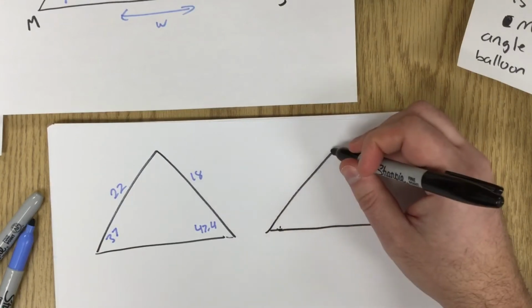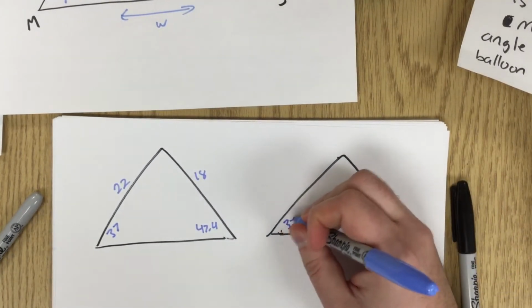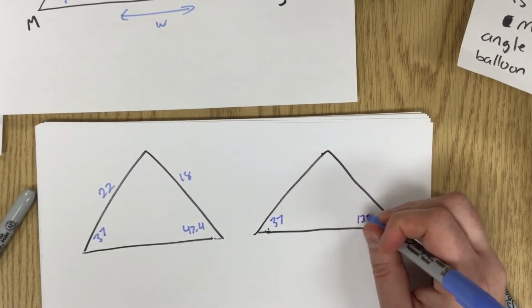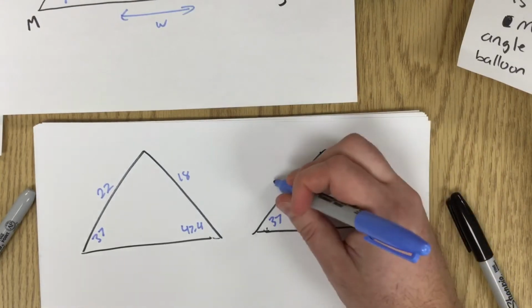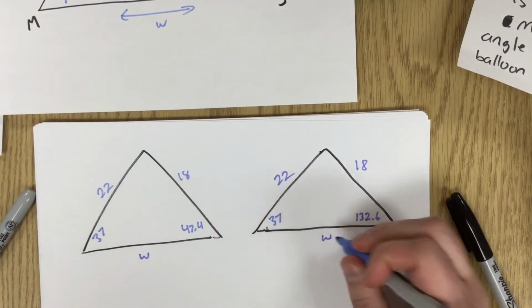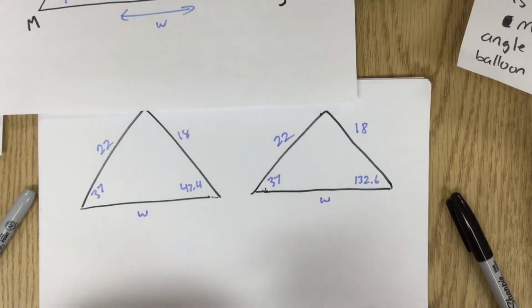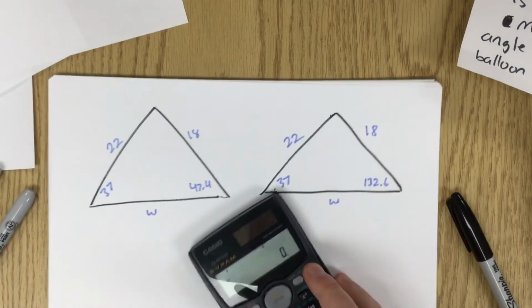Or we have 37, 132.6, so that's going to be that obtuse type of thing, 22 and 18. And we need to figure out the W, which is how far apart they are. So we're going to have to figure out what our missing angle is. Make sure both answers are possible.